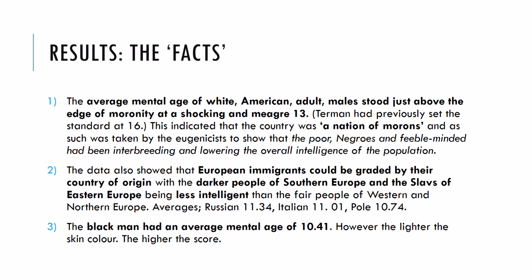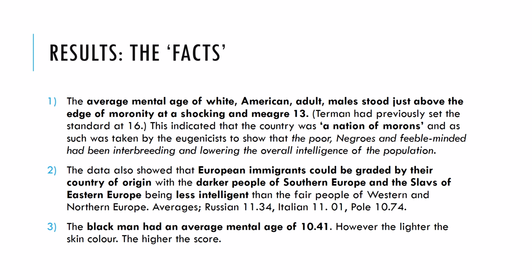So these three, what you would call facts, emerged from those results. The first fact that emerged was that the average mental age of a white American adult male stood just above the edge of what you would call moronity, at a shocking and meagre 13. Terman, who we've already mentioned a few times, had previously set the standard at 16.